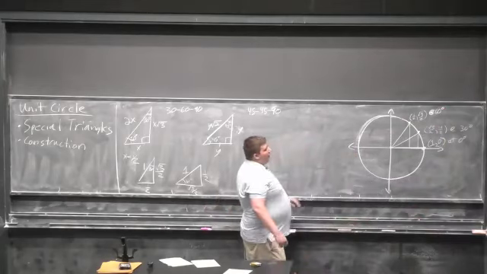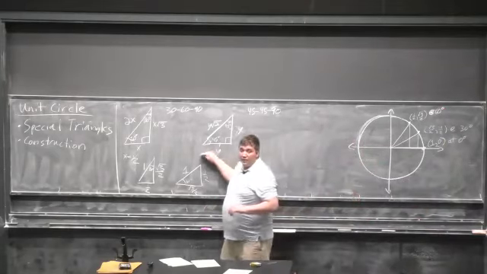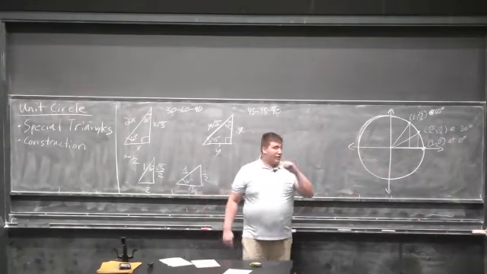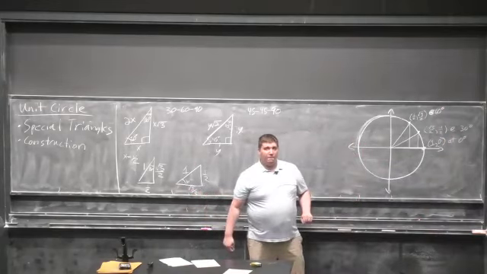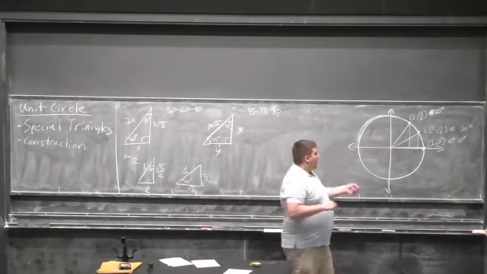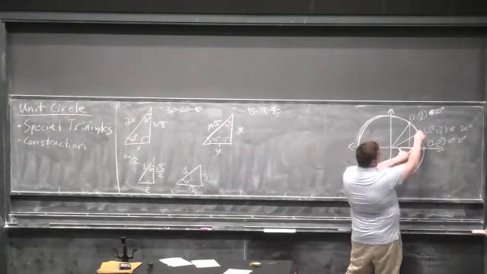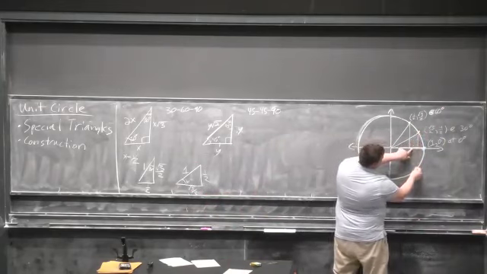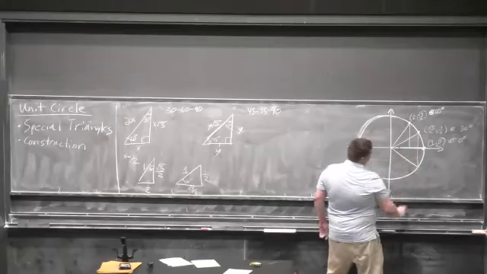Okay, and now I'm going to work with this for a little while, and eventually we're going to get to this isosceles, but we're going to play around with these triangles for a bit longer. So now imagine, if you will, that I take this triangle and I'm going to pick up this end while pinning down this side, and I'm going to flip it down here. So now my triangle looks something like that.